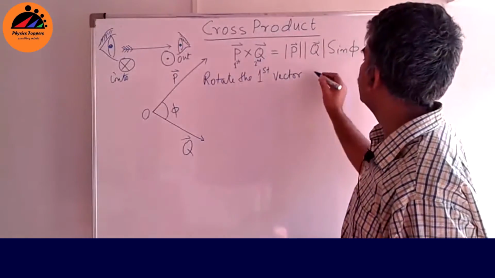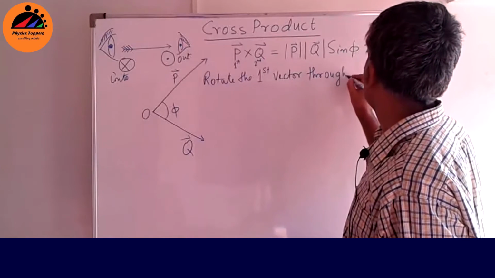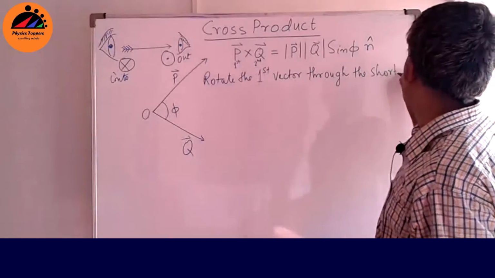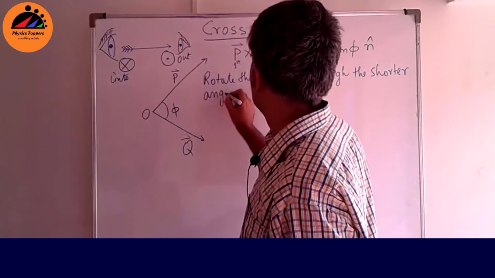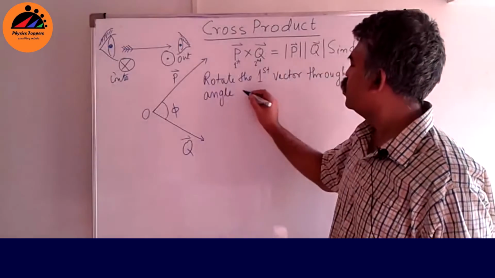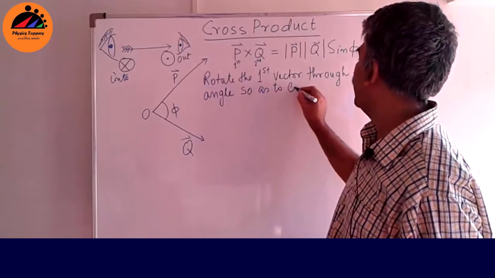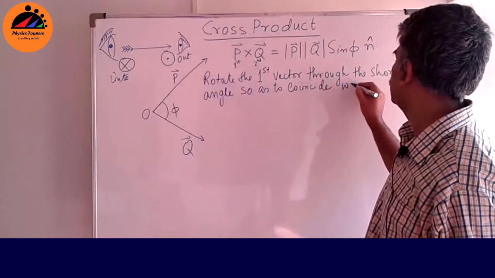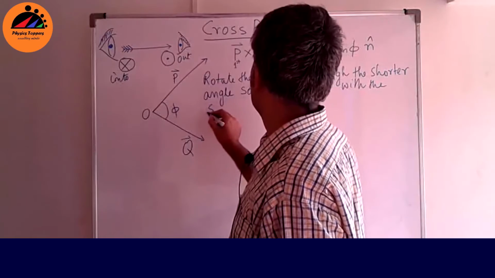So rotate the first vector through the shorter angle so as to coincide with the second vector.